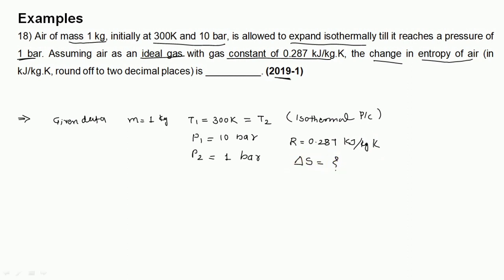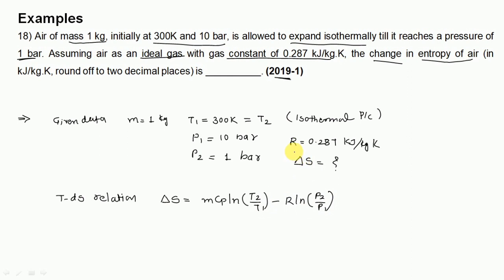So as usual for the isothermal process we use the TdS relation. If we recall the TdS relation, delta S is equal to m Cp ln(T2/T1) minus R ln(P2/P1).